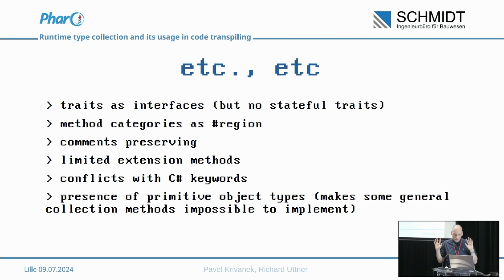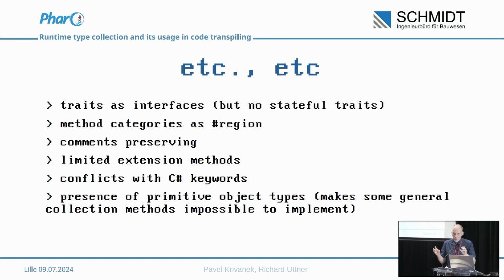C# has a really huge amount of keywords, unlike Smalltalk, so you easily get into conflict with your existing code. So that's something you need to take care of as well. And there is one really nasty feature in C#.